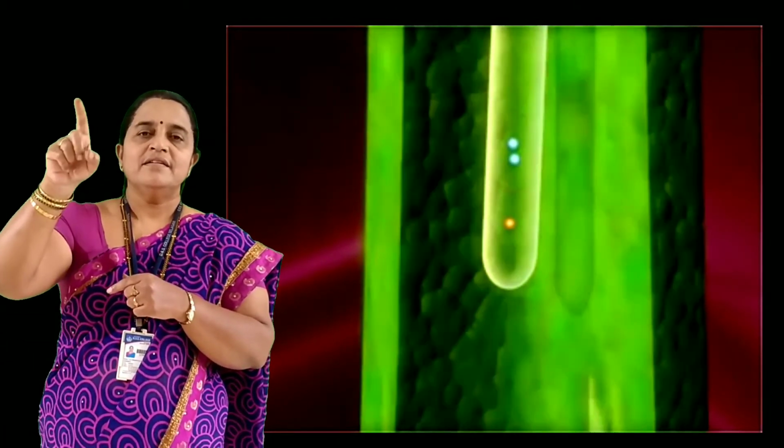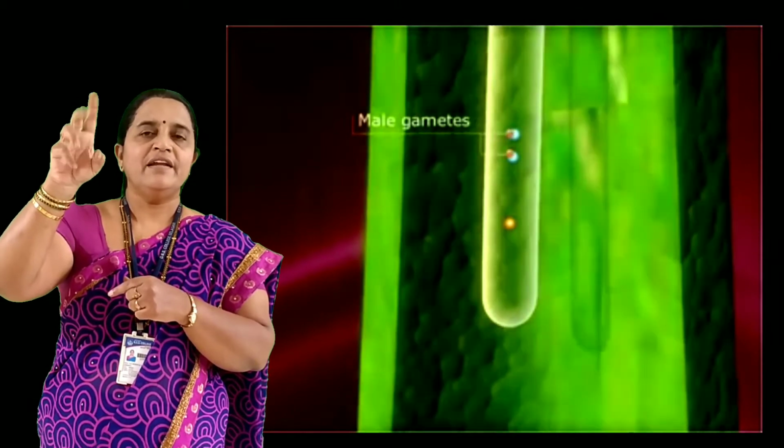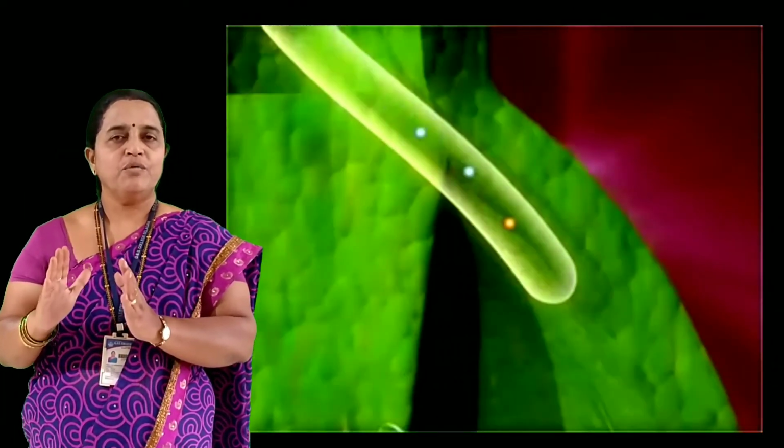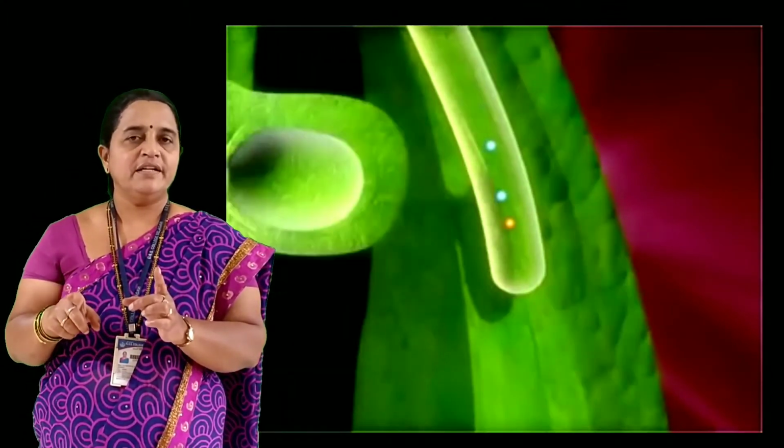The central cell has 2 polar nuclei, and towards the chalazal end there are 3 antipodals. Now this ovule is a mature ovule, anatropous in condition.